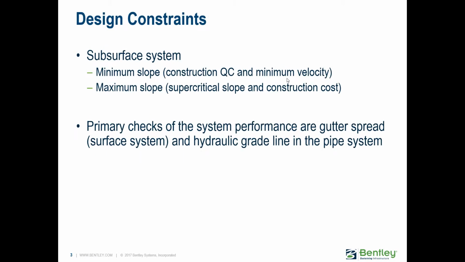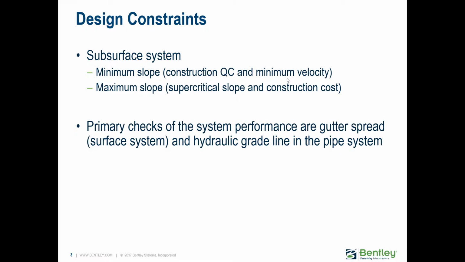And when we get tasked to do a new design, our regulatory agencies provide some type of constraints, and they're never the same between one town and another in some parts of the world. Typically, though, for the subsurface system, you get minimum slope, maximum slope.